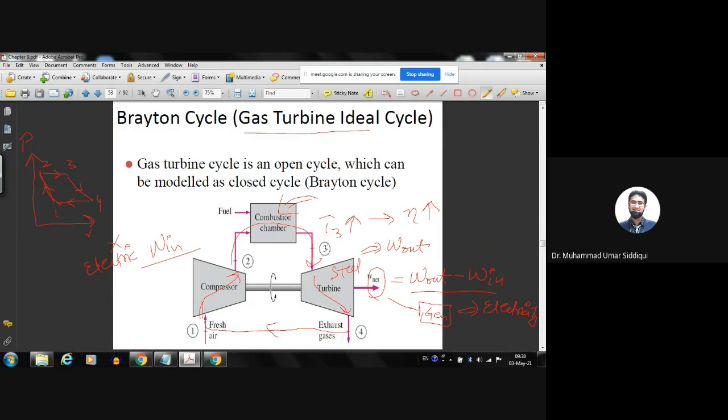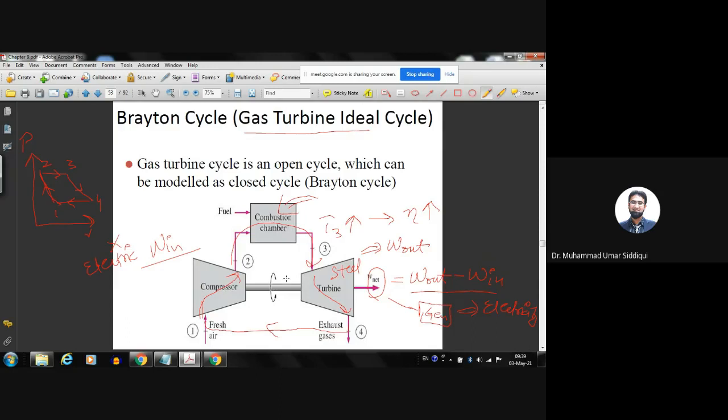If T3 is exceeded beyond the limit, it is going to damage the turbine. So the efficiency of the Brayton cycle is actually limited by the temperature going out of the combustion chamber, by the maximum temperature within this Brayton cycle.